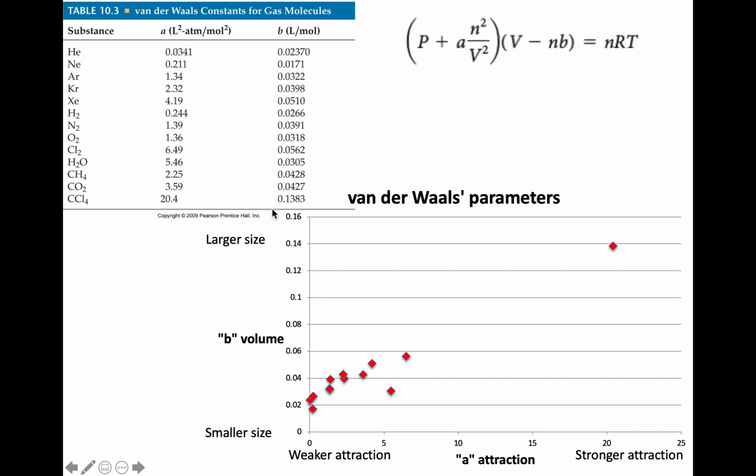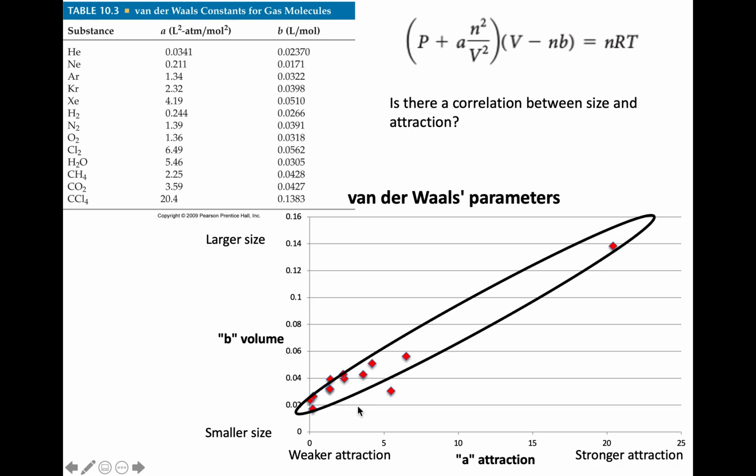To take this and begin to make sense of it, here's a graph. What I did was I took a graph of the volume, which has to do with the b factor, and the attraction, which has to do with the a. So if we're looking at this and say, well, is there a correlation between the size and the attraction? Sure looks like there is. So that's one takeaway from this. It looks like when my particles are larger, it's leading to greater attractions.